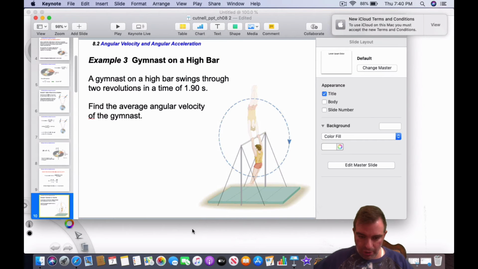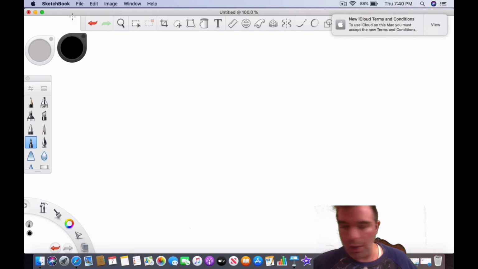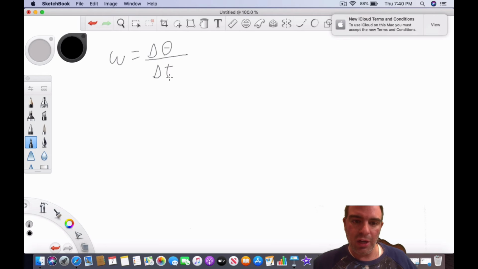So let's go into our trusty sketchbook. We said angular velocity is the change of angular displacement divided by the change of time. They gave us 2 revolutions, so we have to convert that into radians.